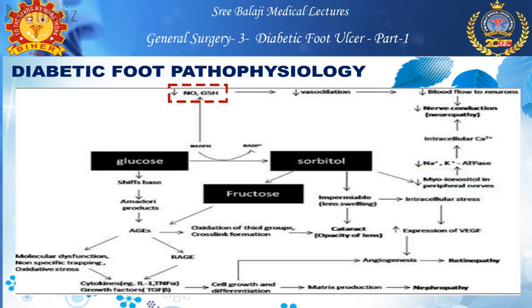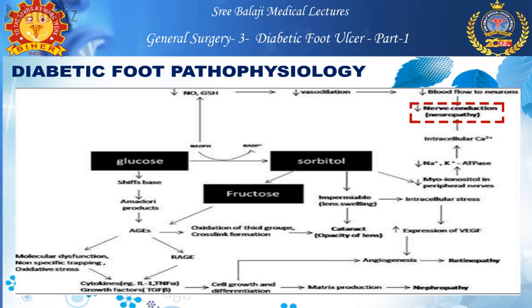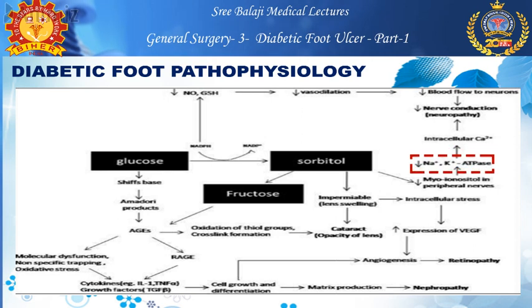Decrease in nitric oxide and glutathione causes reduced vasodilation and decreased neuronal blood flow. This is mediated by the protein kinase C beta pathway, which can cause decreased peripheral nerve conduction, increasing the intracellular calcium levels and decreasing the sodium potassium ATPase pump, leading to again a decrease in myo-inositol in peripheral nerves, causing peripheral neuropathy.